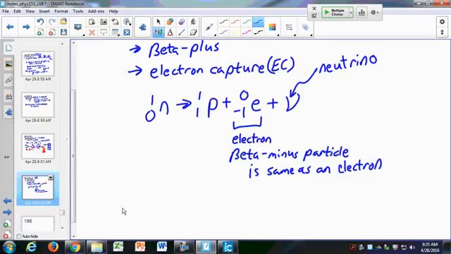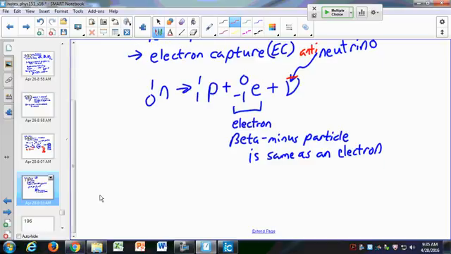And here actually I'm sorry, I meant to draw a bar over it. This is an antineutrino, not a neutrino. Neutrinos have no charge. You can tell by their name, right? Because you have this part, which means neutral, so it has no charge. Who knows what eno means?